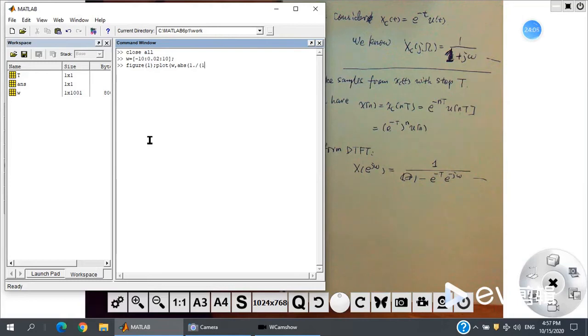Denominator is a vector. So 1 plus j times omega. Okay, so this gives us the first plot.